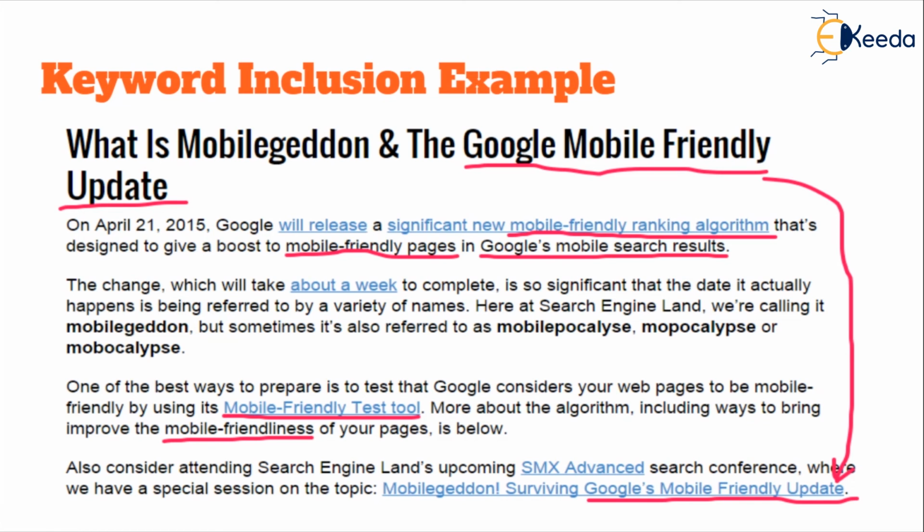So it's not impossible to do. It is difficult to do with existing content because you have to sometimes completely rewrite the sentences or sometimes insert keywords in place of other words which may have already existed there.